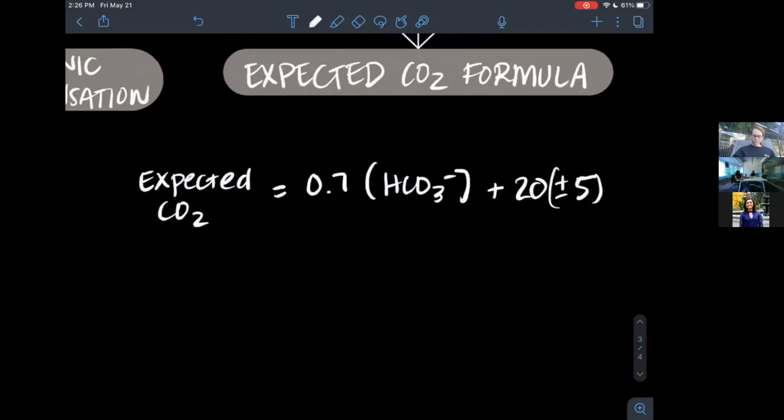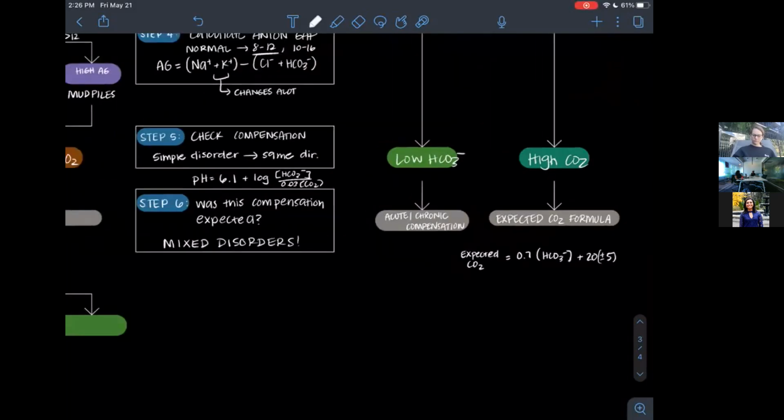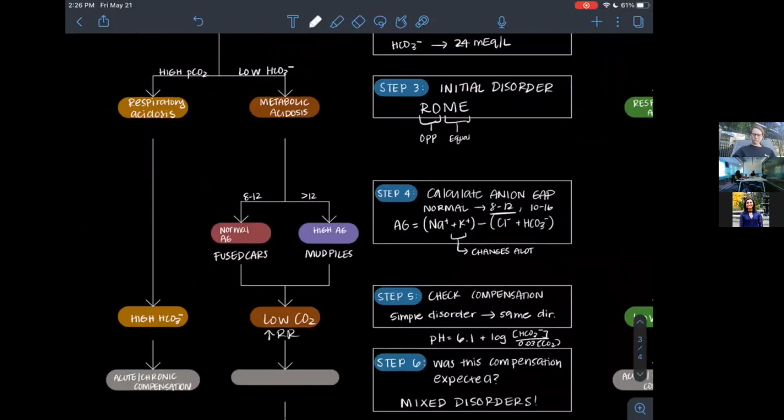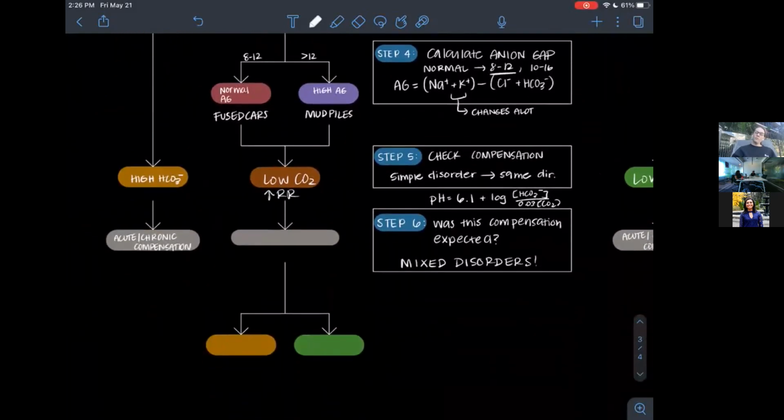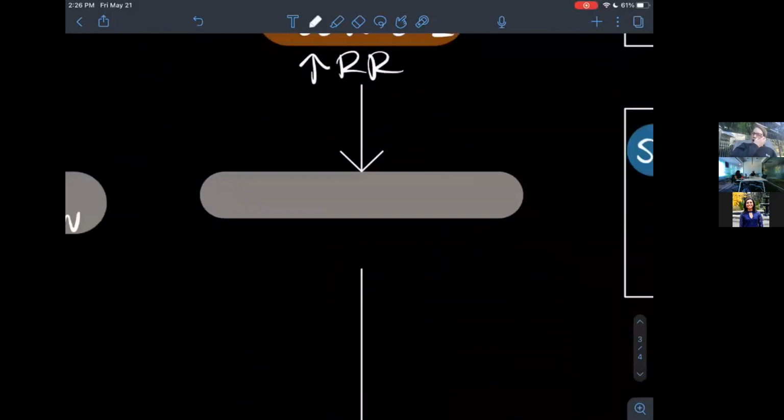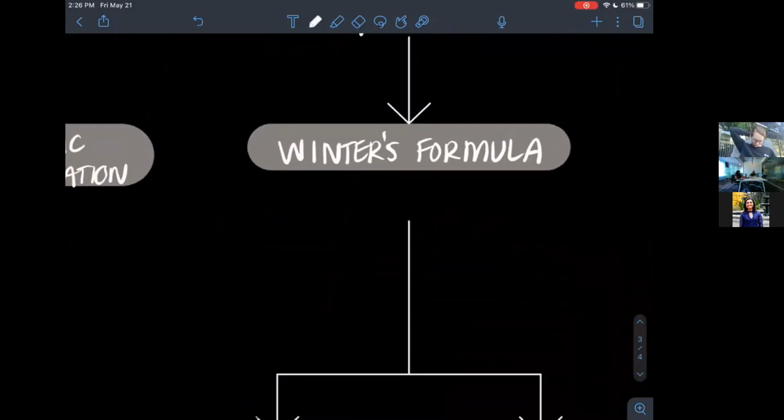Similarly, we're going to look at what happens when you have metabolic acidosis. You need to decrease your CO2. There's something called Winter's formula. Again, you're trying to calculate what level the CO2 should be after it decreases.